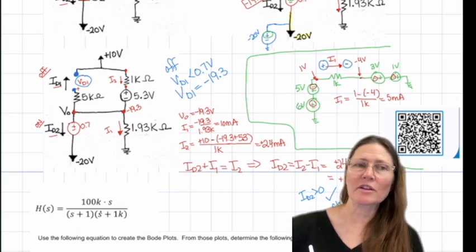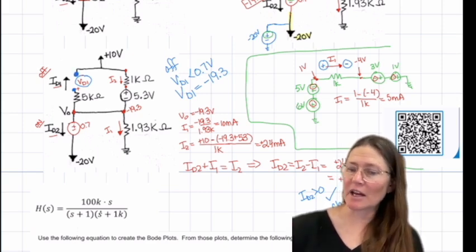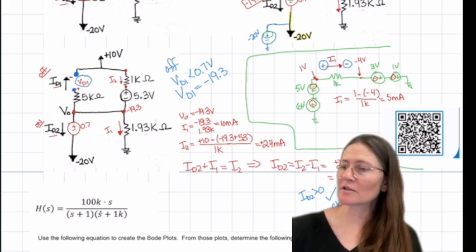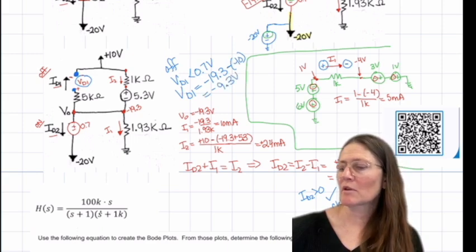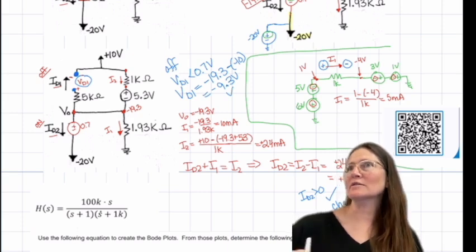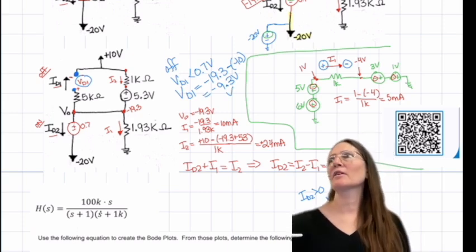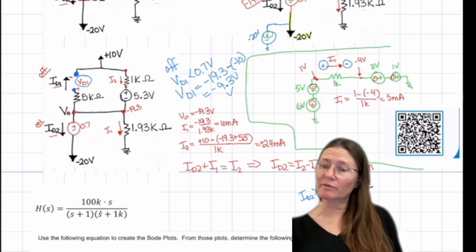And the voltage on the negative side, correct, negative 10. So it'd be a minus 10 for a minus 9.3, which is less than 0.7, so it is off.